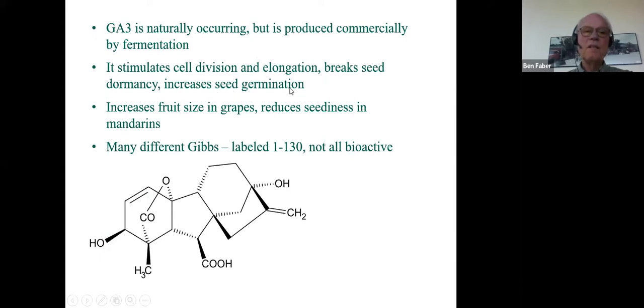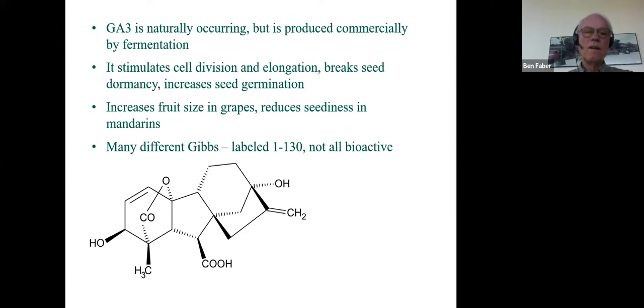It increases seed germination. And so it's doing a lot of things in a plant. So it's not just our goal, which is to improve fruit set. It's doing a lot of other things in a plant. It increases fruit size in grapes and reduces seediness in mandarins. So it's been used commercially for a long time for a lot of different reasons.